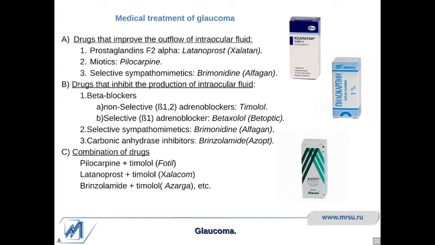So you need to remember three main groups. First of all, the group that improves the outflow of intraocular fluid. The second that inhibits the production of intraocular fluid, and combinations of drugs.